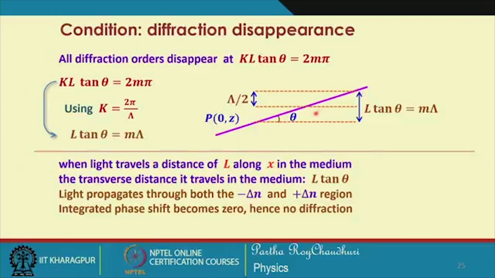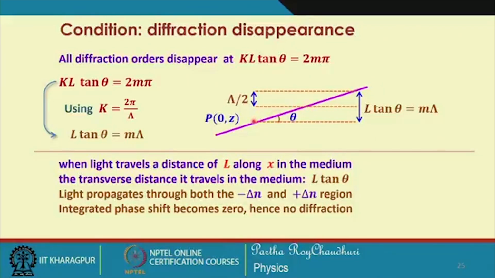So, that is why the total cumulative effect of phase change is equal to 0, and even though there is an acoustic wave, even though you have a travelling grating, you have this periodicity, everything remaining here, because of the inclination of the incoming light wave, it sees no effect, it sees the cumulative effect, and for a parallel beam of light it happens all throughout, for every individual wave.